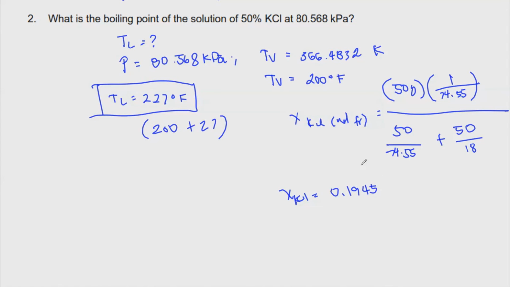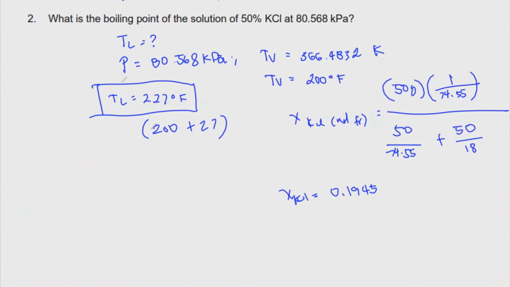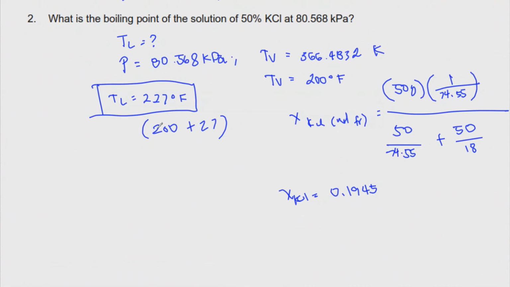So we get x of KCl equal to 0.1945. I'll use this to substitute the value of n sub 2 right here, so I'll be able to get 16.22. So I'll obtain a value of the BPR, which is equal to 16.2225 degrees Celsius.